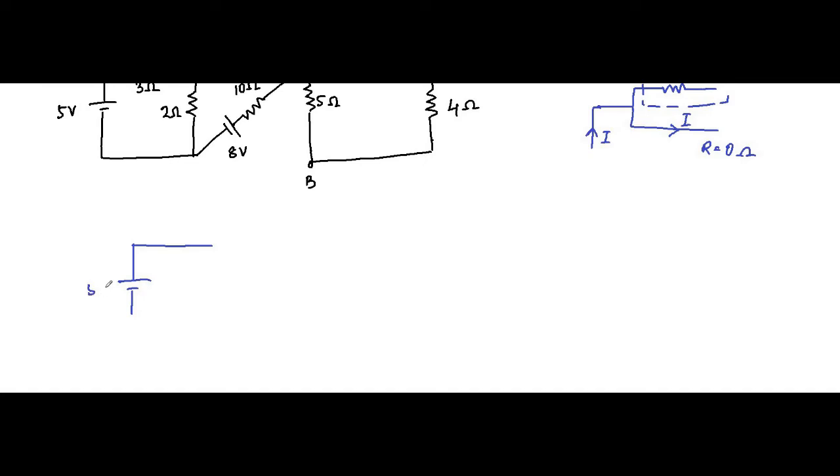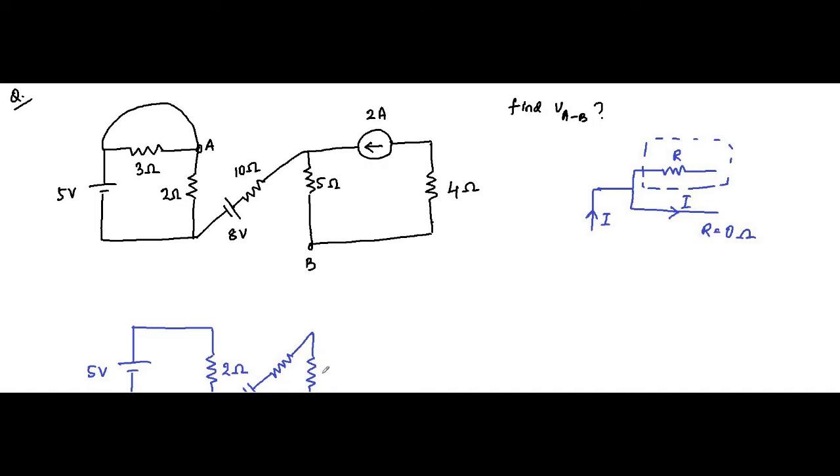So this is 5 volt, this is 2 ohm, then we have this 8 volt and 10 ohm. Then we have 5 ohm, then we have 2 ampere, then we have 4 ohm.